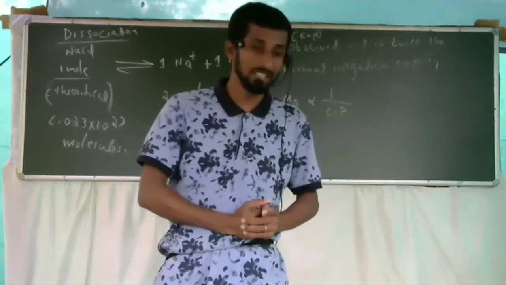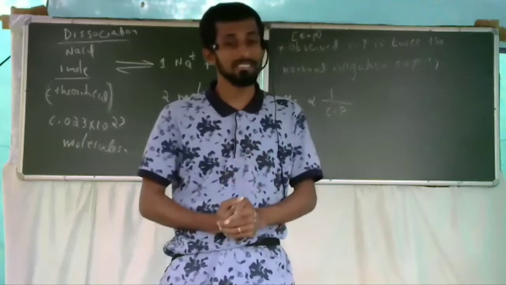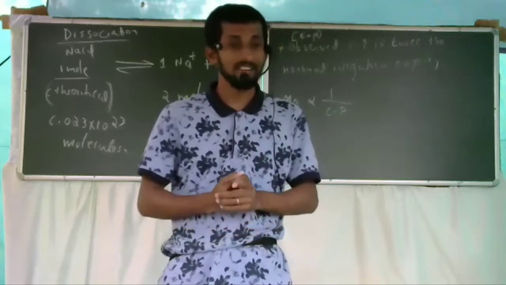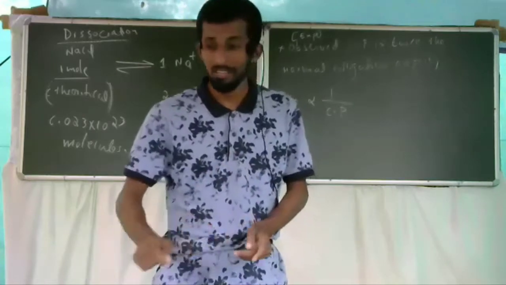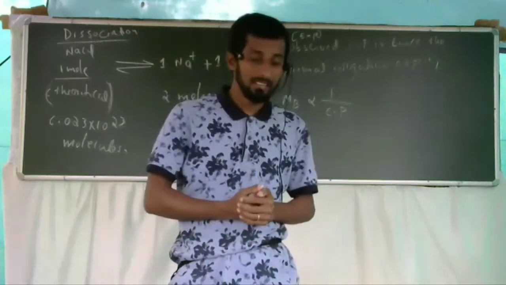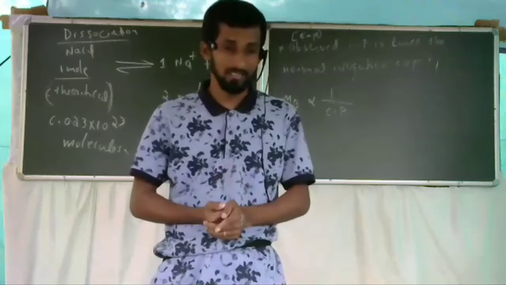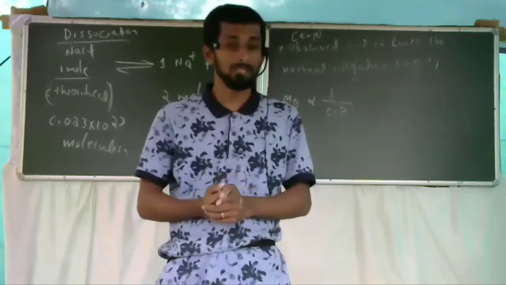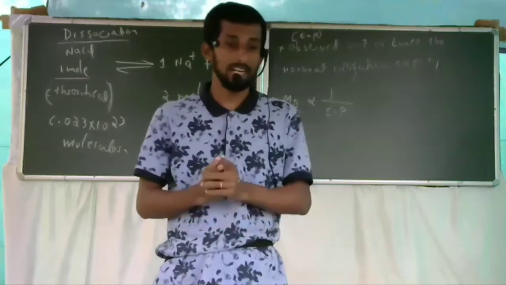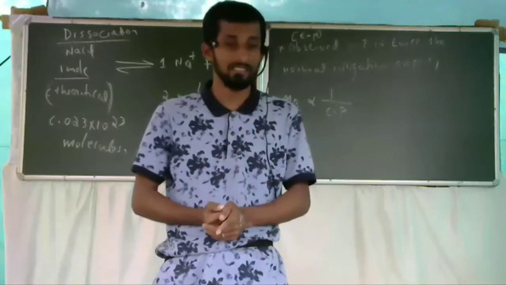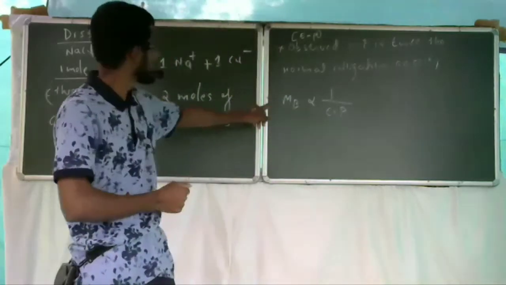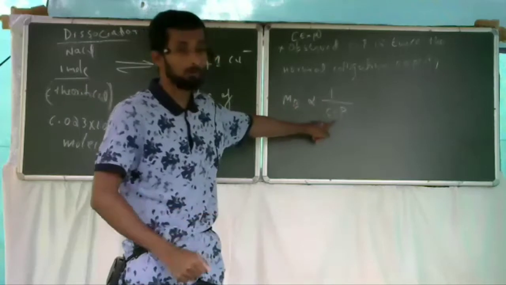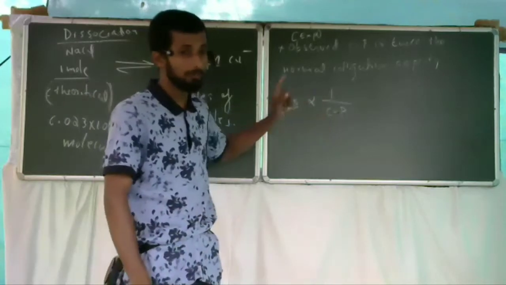In elevation of boiling point, delta TB is in the denominator. In depression in freezing point, delta TF is in the denominator. In relative lowering of vapor pressure, PA0 minus PA divided by PA0 is in the denominator. So clearly molecular mass is inversely proportional to colligative property, right?